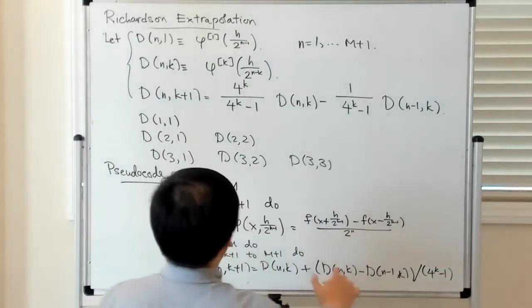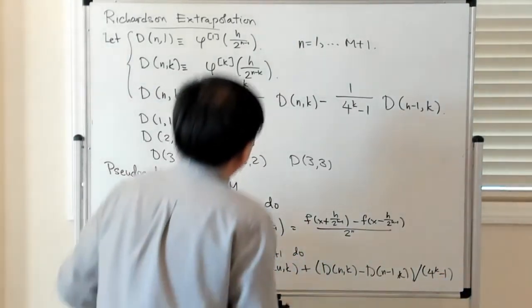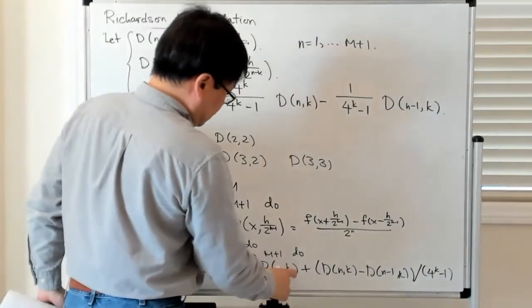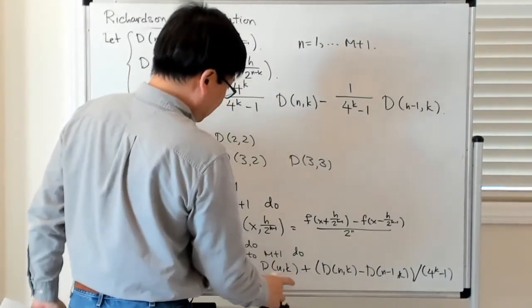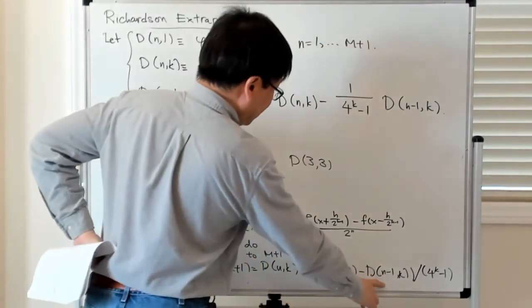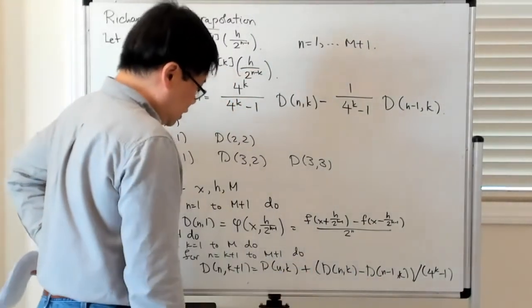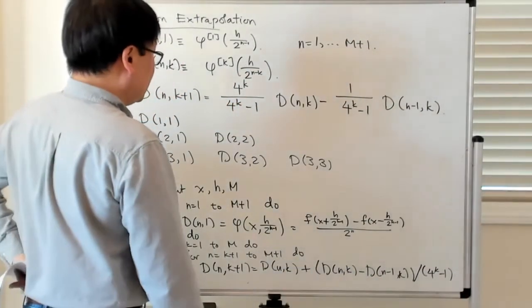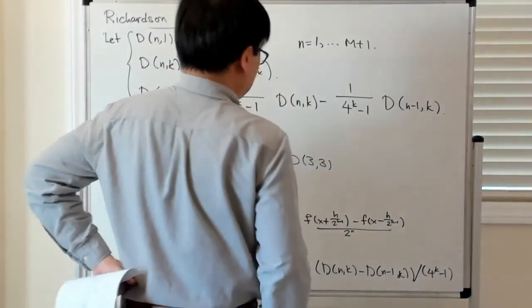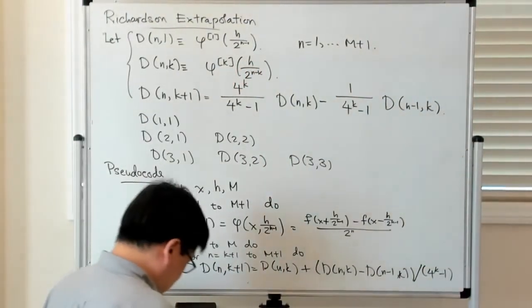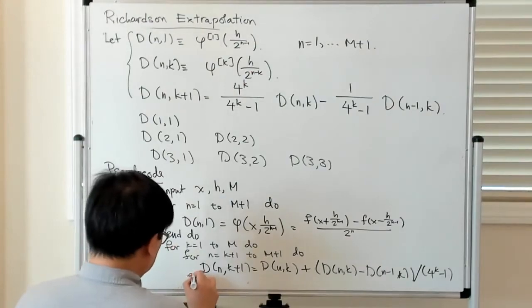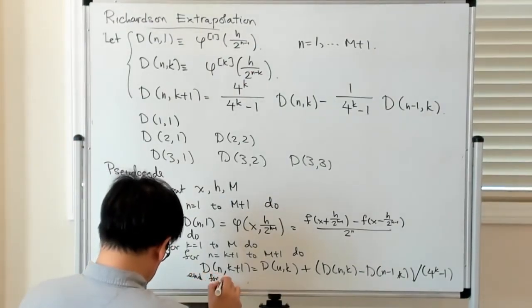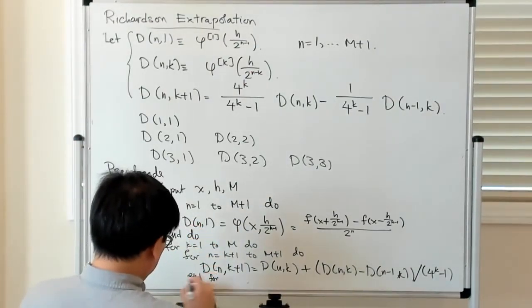So this has been written in a slightly different way, so that you have this value and then there's a slight update. That improves the stability of the method slightly, as opposed to the previous formulation. Okay, and then you end the for, and then you end another for loop.